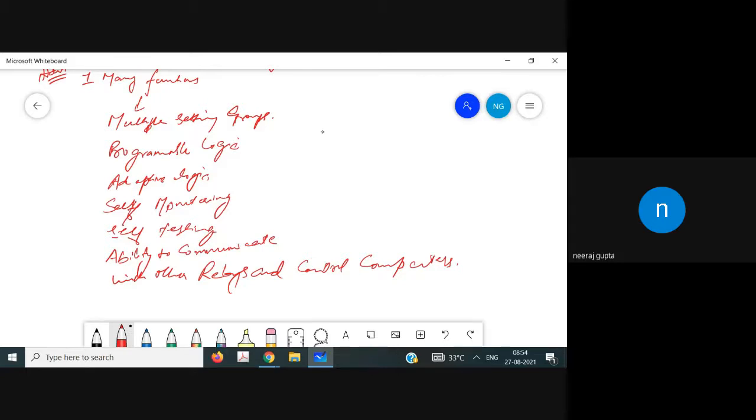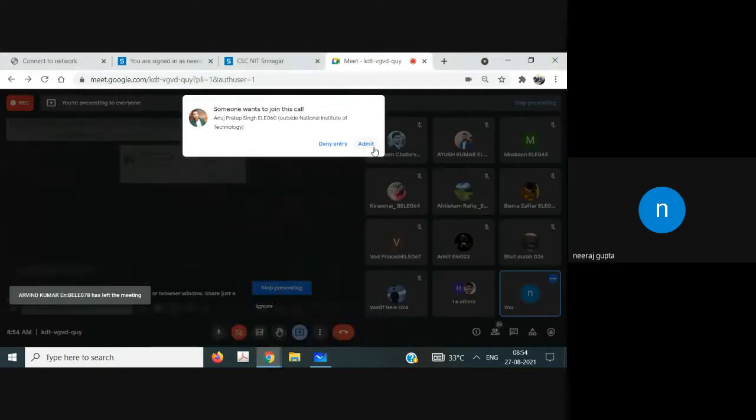Let us suppose that we have the relay, then two types of setting groups are available: one is group 1 and the second is group 2.